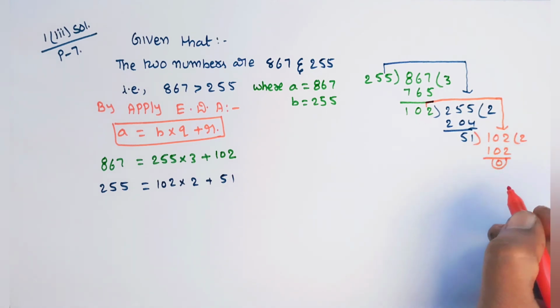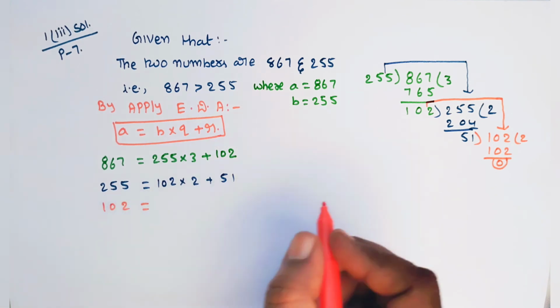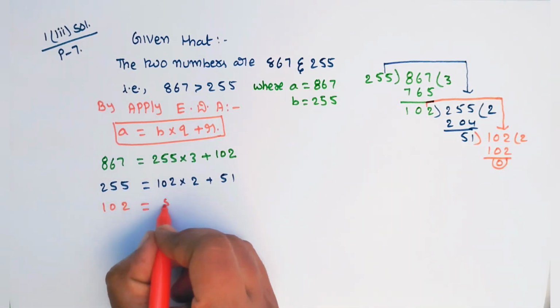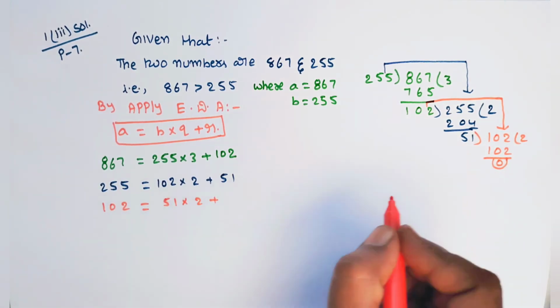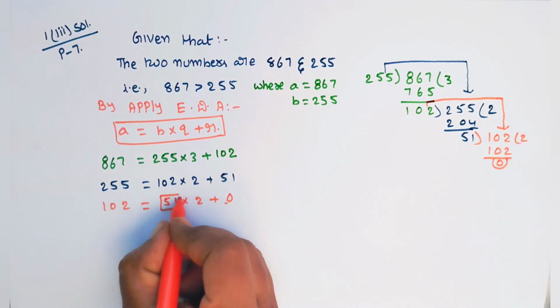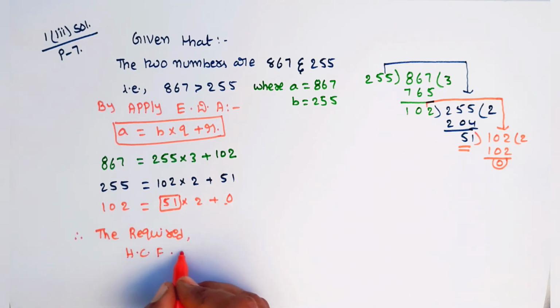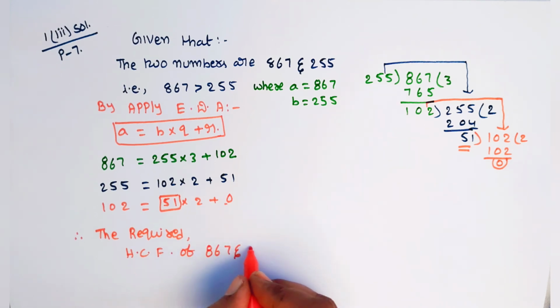We get the remainder as 0. So A value 102 equals 51 into 2 plus remainder 0. Where the remainder is 0, we get that 51 is the solution. The required HCF of 867 and 255 is 51.